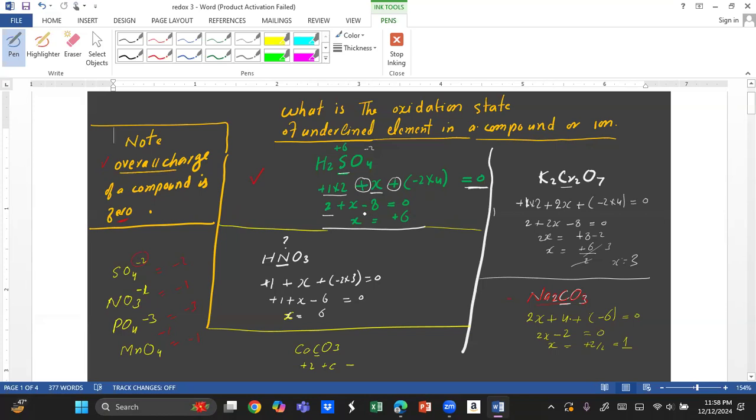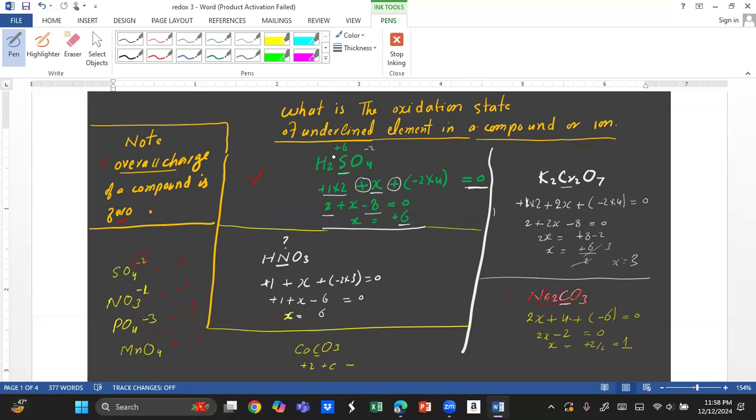Overall, oxygen is minus 8. Hydrogen is plus 2. When we solve it, we get positive 6. So this is how sulfur has an oxidation state of positive 6. Normally, students keep in mind it is minus 2, because it belongs to group 6. You might have studied that in ionic compounds.